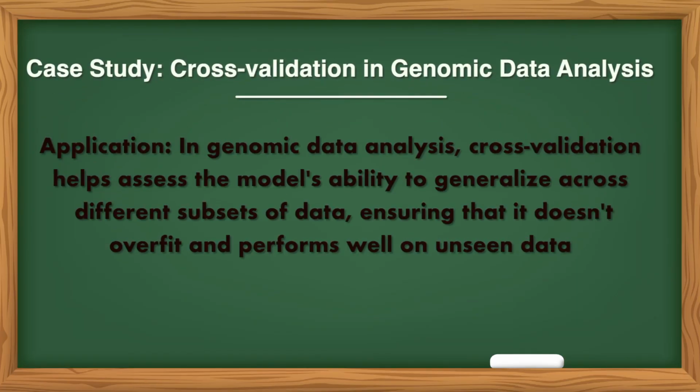Let us see a few of these applications. In genomic data analysis, cross validation helps us assess the model's ability to generalize across different data sets. So, what is the takeaway message here? Validation and verification are crucial to build reliable biological models.